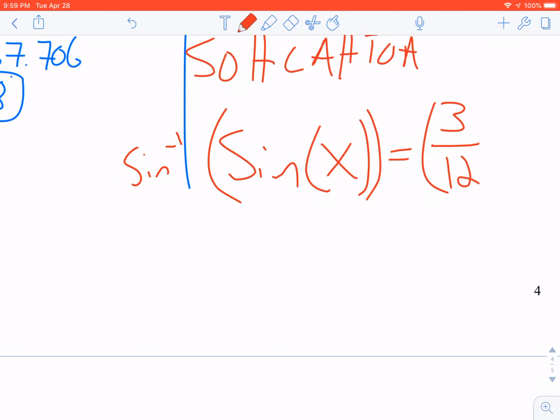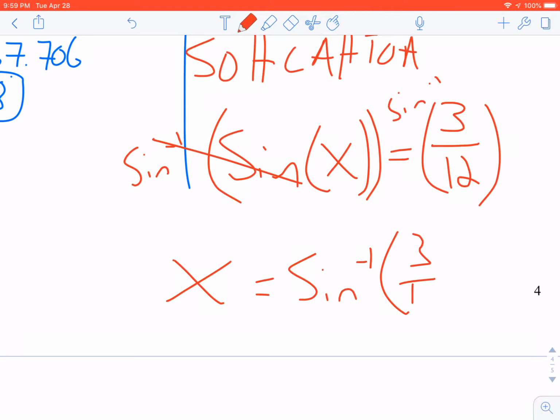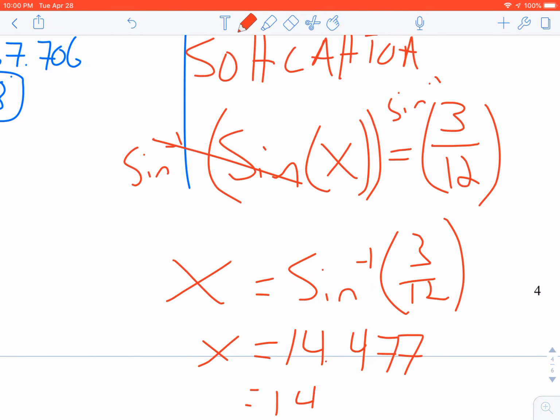So I'm going to take the sine inverse of both sides. These cancel, so I really have x is equal to the sine inverse of 3 over 12. So I'm going to hit second sine, 3 division button, 12. And when I do that, my calculator gave me 14.477. So if I said to round to the nearest tenth, it would simply be 14.5.